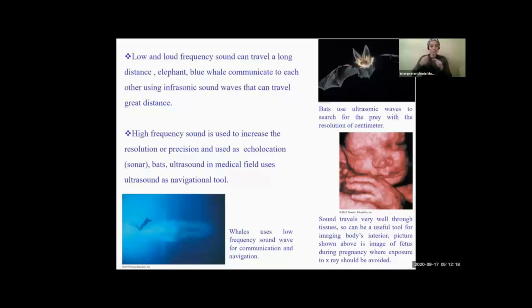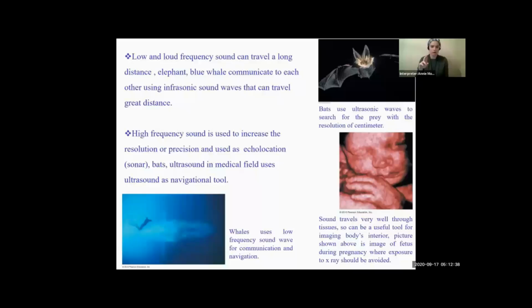Whereas the low frequency sound can be used for sonar navigation, because it can travel very far distances. The high frequency sound can be used for imaging purposes, or bats use ultrasonic waves for radar purposes.